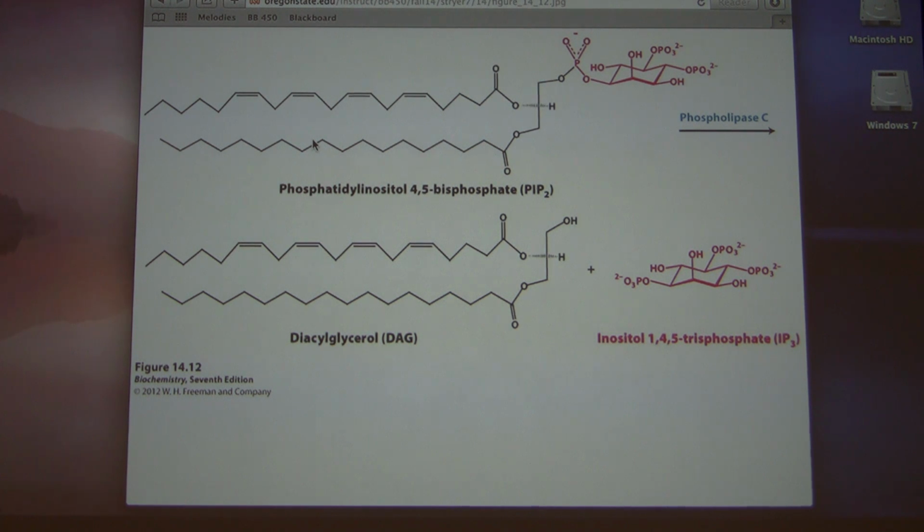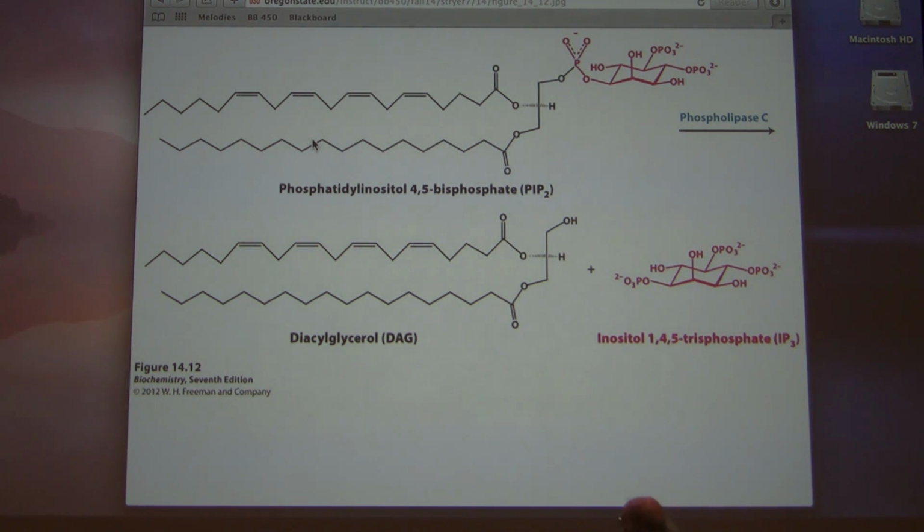So this is very abundant inside of cells. And when phospholipase C is activated, it breaks the bond between this compound up here shown in red, which is IP3, to give it a short name, and the remaining portion, which is diacylglycerol, or DAG.